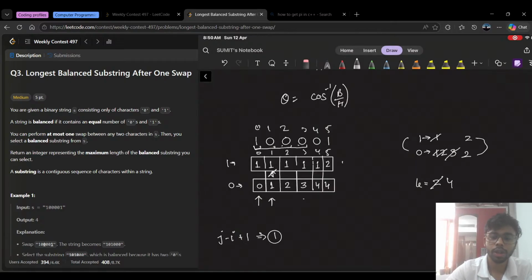For j equals to i plus 1, j less than s dot size, j plus plus.